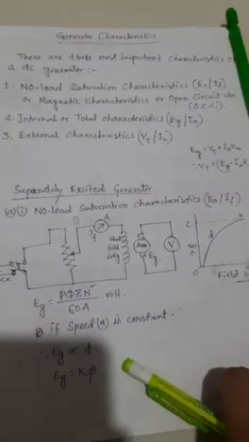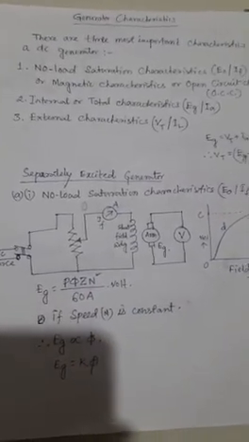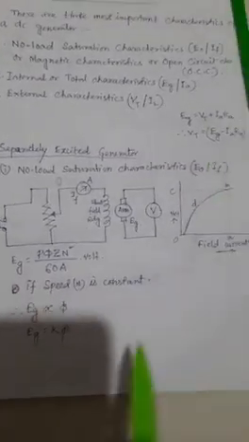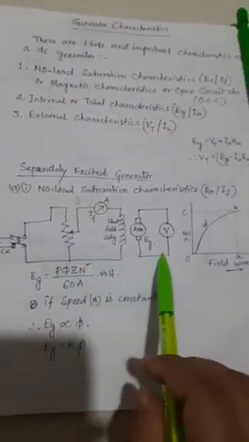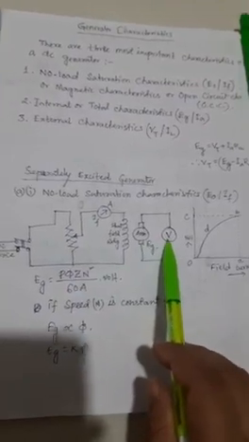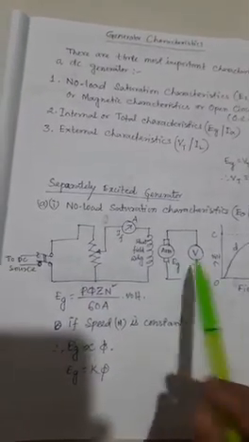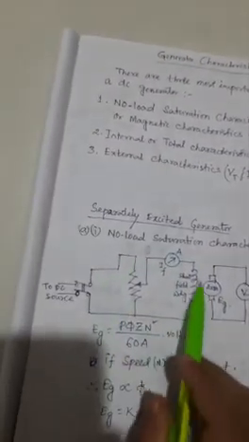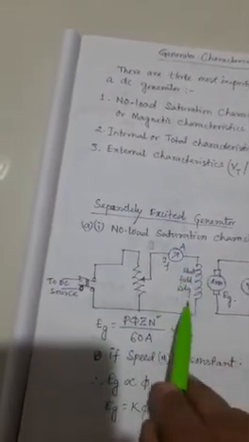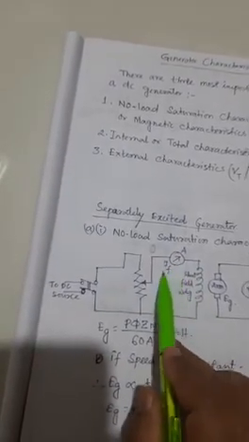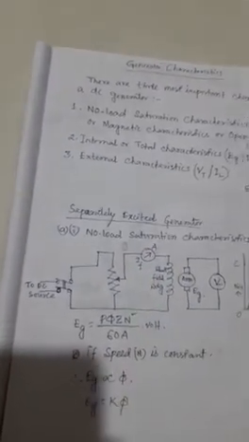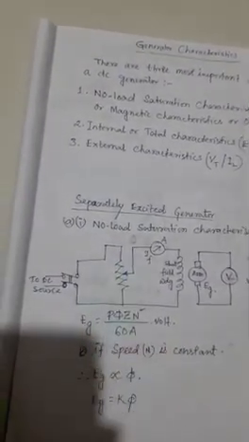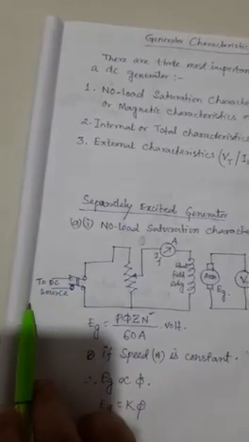First we will discuss the no load characteristics of a separately excited generator. As you know, this is our separately excited generator armature, terminal voltage side VT, and this is the separately excited generator field winding, with ammeter IF which will give us the field current, and the variable resistance, connected to a DC source.